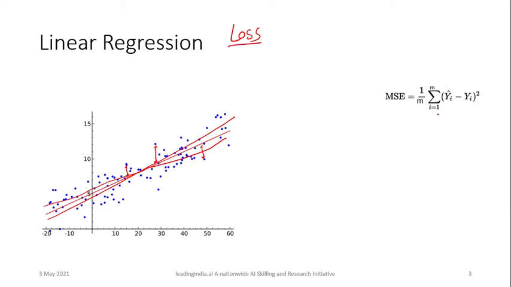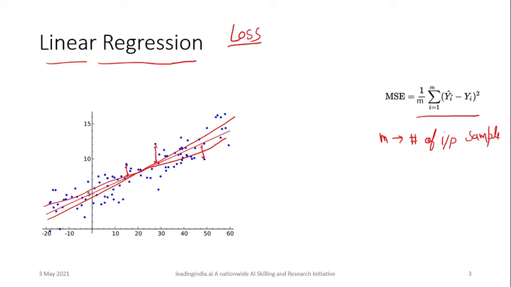How will we compute the loss? We compute it with the help of mean squared error. Whenever we are dealing with linear regression, meaning you have a number and you want to find out how much your prediction differs from that number, you use mean squared error. The formula for mean squared error is 1 upon m, where m is the number of input samples, right?